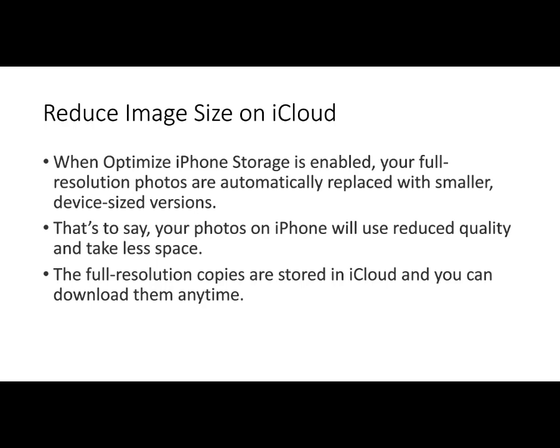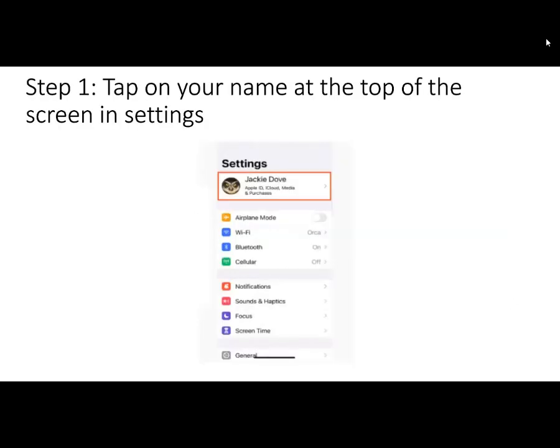If you do want to know where this is, if you ever turn it on, I'm going to show you the steps. Also, many people already had it on, so if you follow the steps with me right now, you may see that you already have this feature turned on. For those who have iPhones and iPads, you're going to go to the settings app.